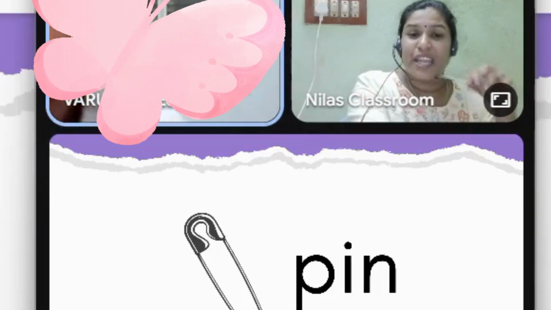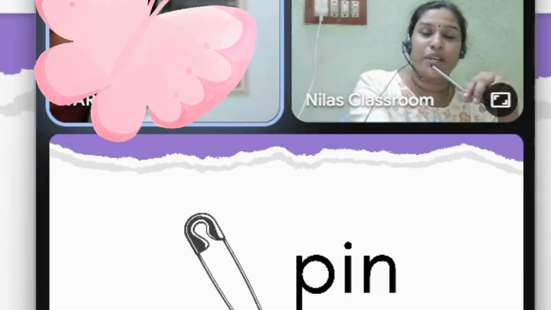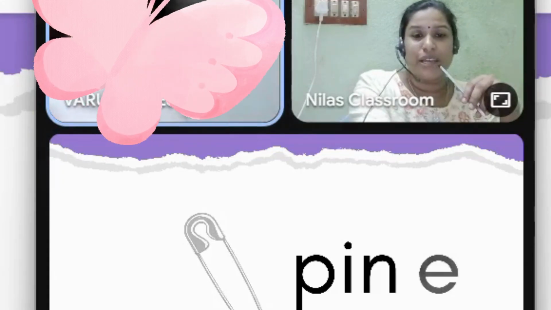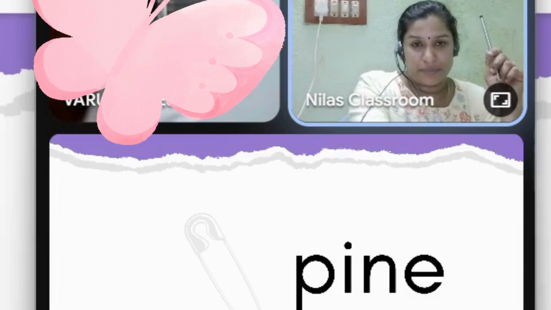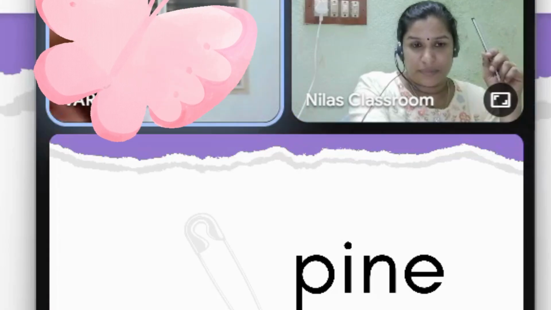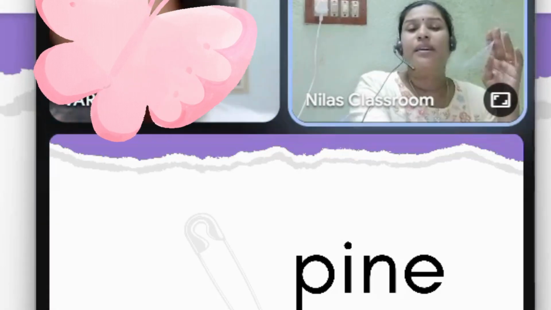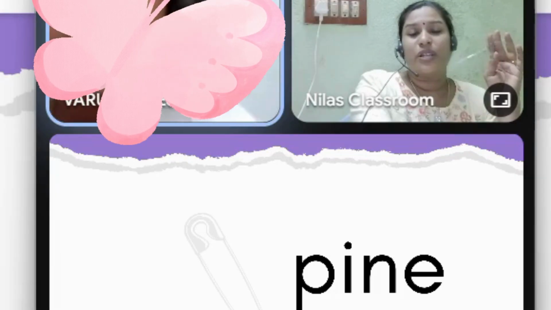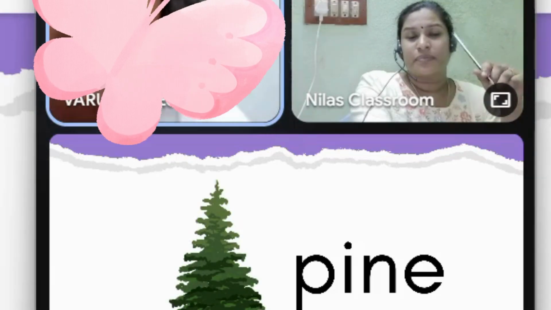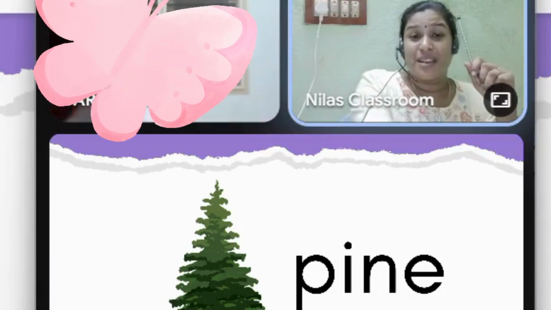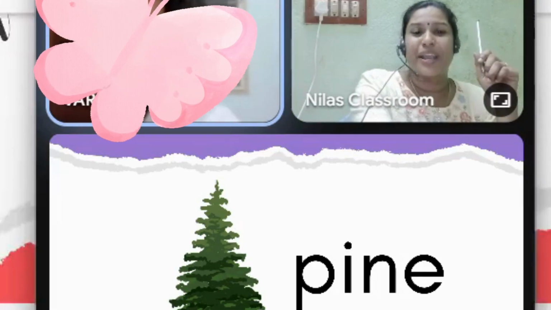Pin. When E comes at the end, it will give magic power to I. Then how do you read this word? Pine. Again, you're saying na. Okay, practice.